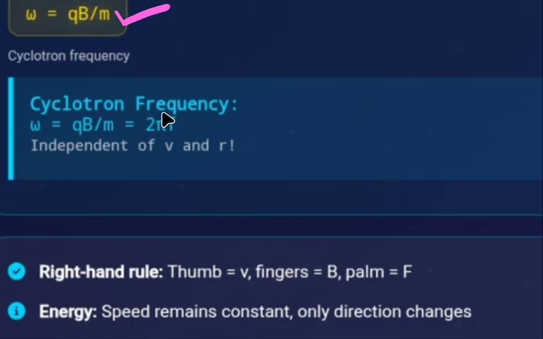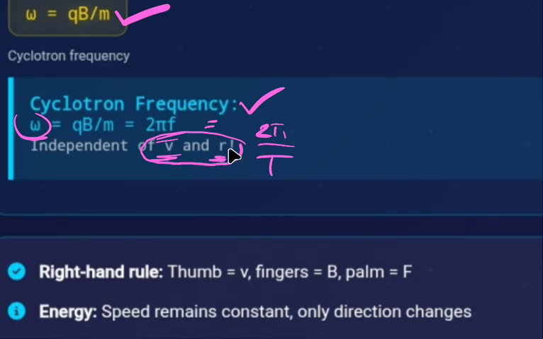This is the cyclotron frequency, angular frequency omega is equal to qB by m, that is 2 pi f. Omega is equal to 2 pi f or 2 pi by T. So it is independent of v and r. Angular frequency does not depend on the velocity of the charge and the radius of rotation of the charge.